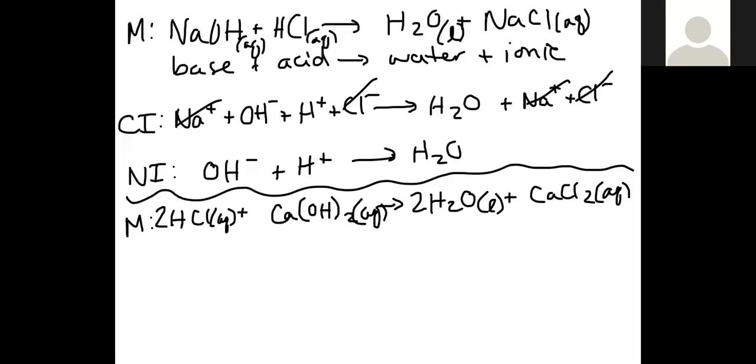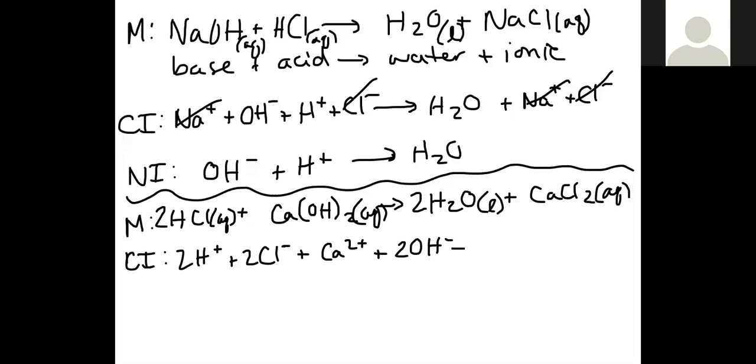So now we're going to go to our complete ionic. We have 2H plus, 2Cl minus, plus Ca2 plus, 2OH minus, because that 2 is not part of that polyatomic ion. There's 2 OHs.